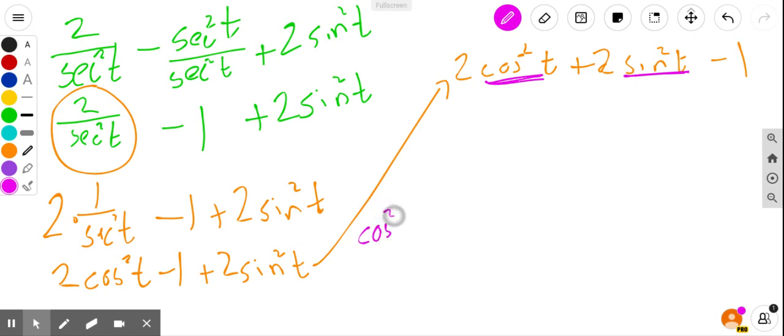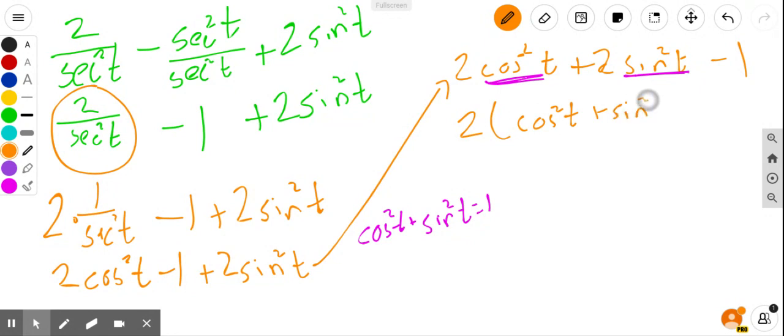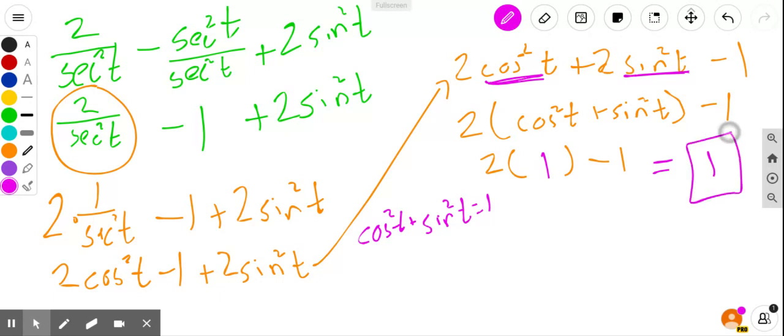Specifically, I know cosine squared plus sine squared equals 1. So I'm going to view it as 2 times cosine squared plus sine squared. Right? That's still equivalent to the previous step, minus 1. So this is really 2 times 1 minus 1. So my final answer is a 1.